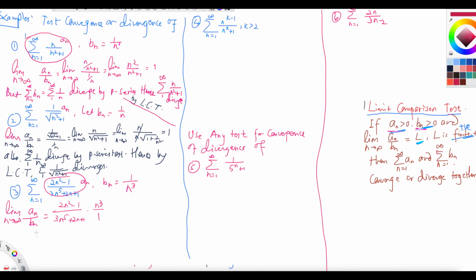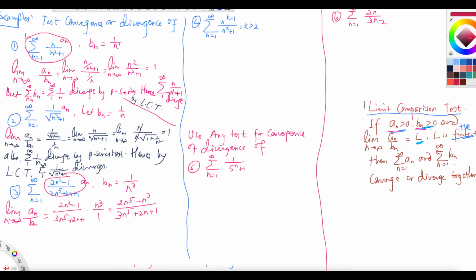Because it is divided by bn, it should be in the denominator of this fraction. So when you write it in product form, you can write n cubed over 1. So let us write down 2n to the 5 minus n to the cubed divided by 3n to the 5 plus 2n plus 1. Now take n to the 5 out.